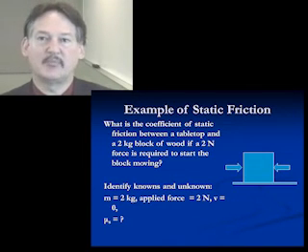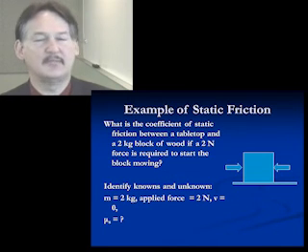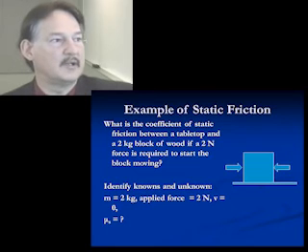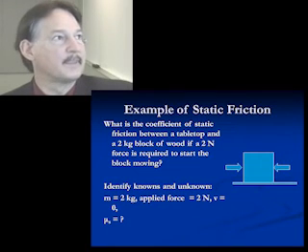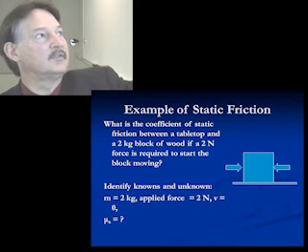So it's at that point where this is the maximum frictional force that's resisting this motion, and we are applying just the right force to break this object free, but it's not yet moving because we want to maintain a static situation. So what we know is the mass of the object is 2 kilograms. We apply 2 newtons of force, and we would like to know what is the coefficient of friction in this case.